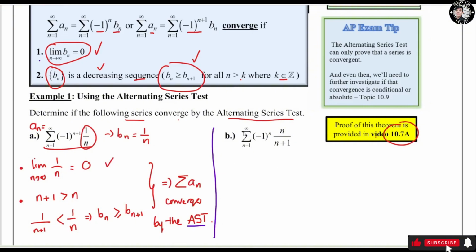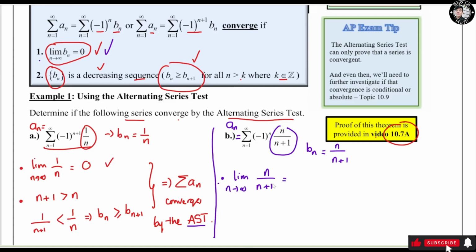Now question B. I'm going to let the whole thing right here be a sub n, and this one I'm going to let be b sub n equals n over n plus 1. Now I need to verify number 1. So I'm going to take the limit of n over n plus 1 as n approaches infinity.